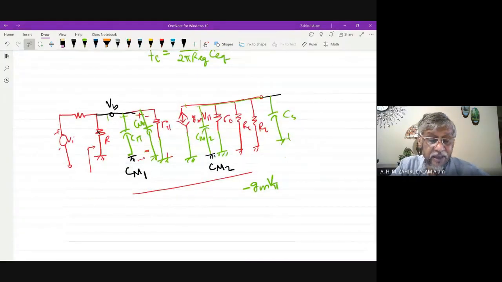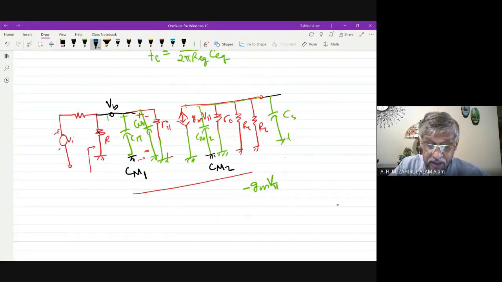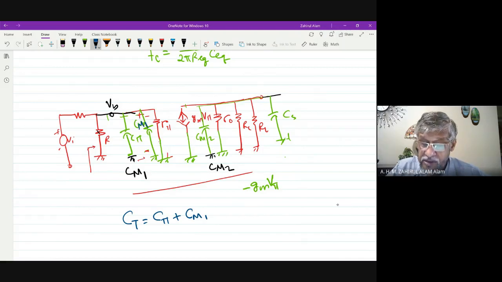So what is the equivalent capacitance on the input side? CT in is equal to C pi plus CM1. And on the output side, CT out is CM2 plus CS.